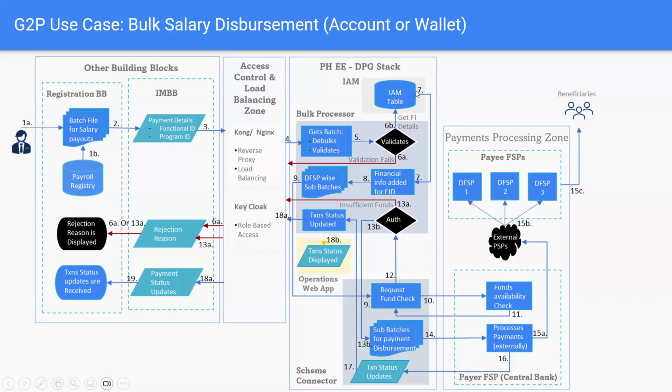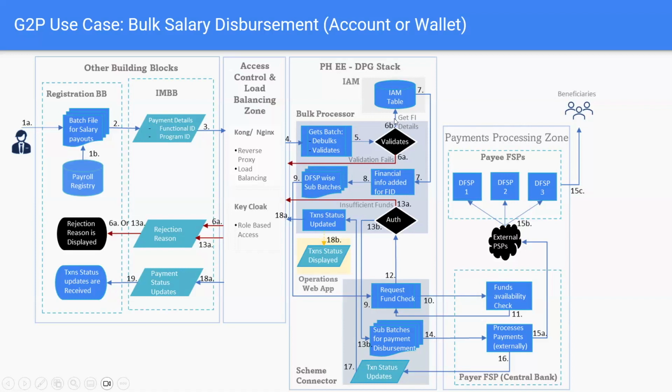In this table lies the information for each functional ID. It has its corresponding financial address and payment modality, as you would recall we saw in the UI as well. So both these things are happening at the same time. If the validation had failed, it would send back a reject.